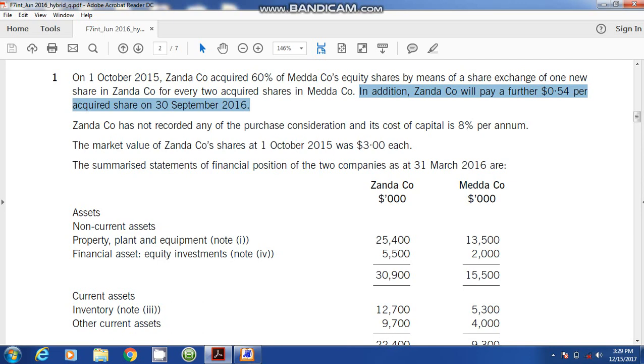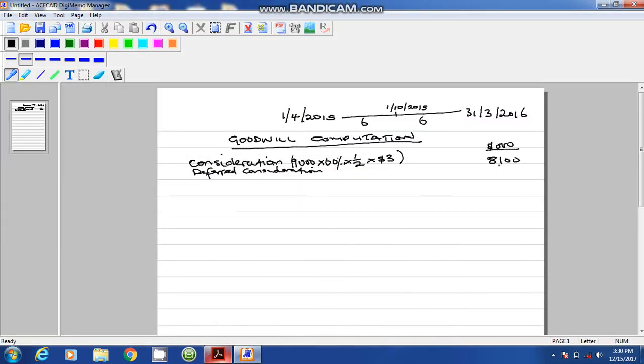Since this is deferred consideration, we'll have to discount it at the cost of capital of 8% given. So 9,000 shares, acquired 60%, at 0.54 deferred, to give us a total of 2,700.